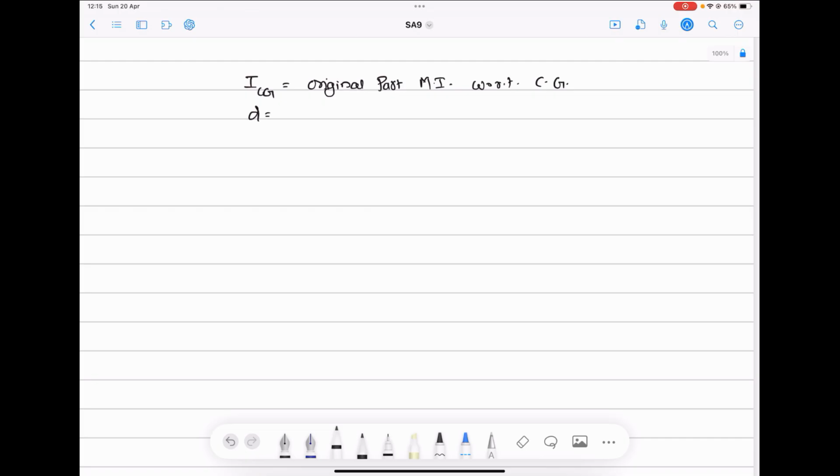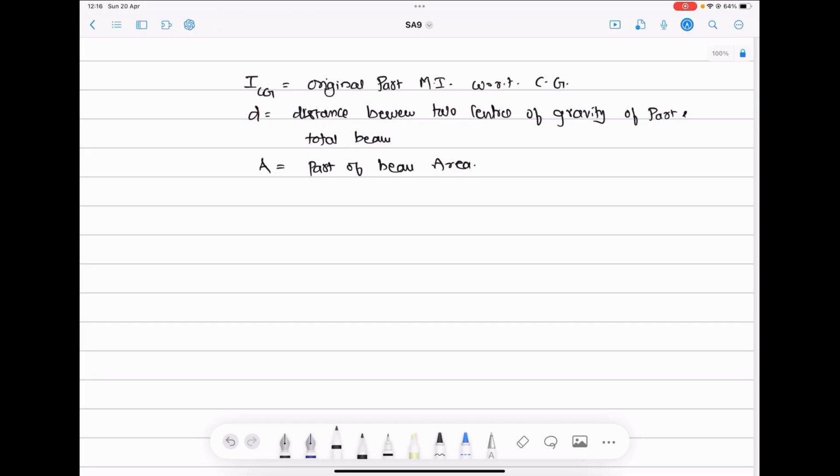D is equal to the distance between two centers of gravity of the part and the total beam. Then area is equal to the part of the beam area.